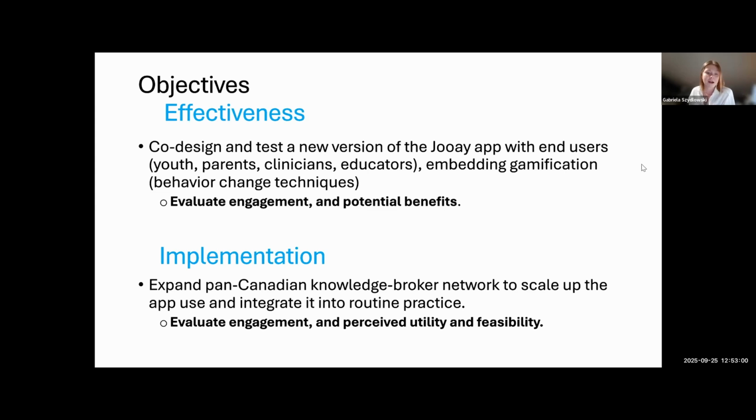And on the implementation side, we are testing one strategy alongside. We're trying to expand the pan-Canadian knowledge brokers network to help us scale up the app use and to integrate it into everyday use and routine practice.